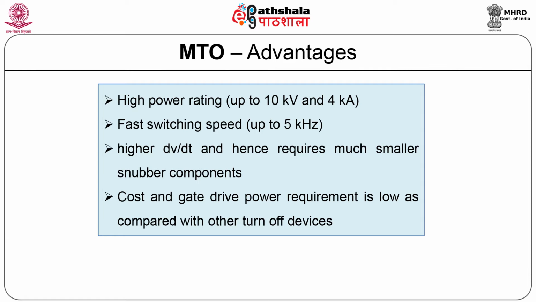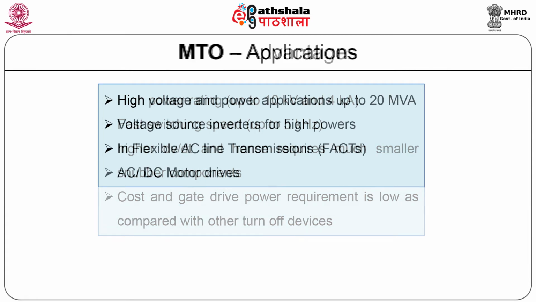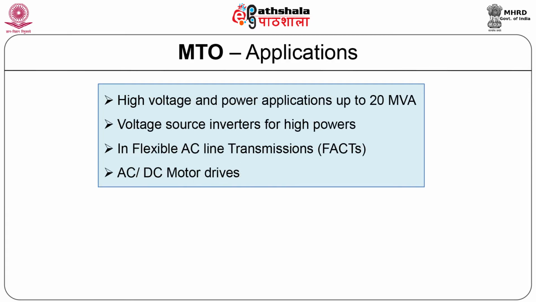Cost of gate driver power is low as compared to GTO because of voltage drive to turn off. These are widely used in voltage source inverters, flexible AC line transmission, AC/DC motor drive. There are many applications apart from this.